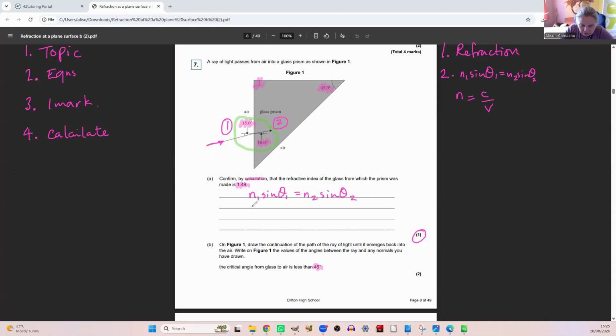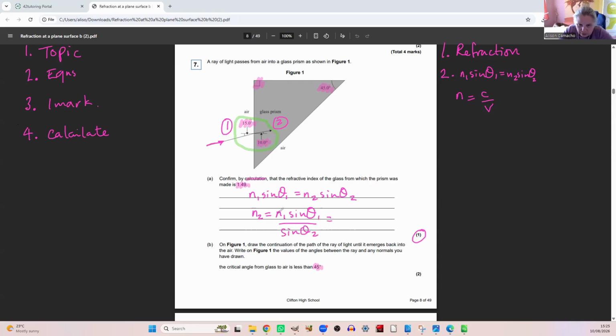So material 1 is air, so that is 1. What I'm trying to do is confirm the refractive index of material 2. Before I put my numbers in, I'm going to rearrange my equation into the form n2 is equal to n1 sine theta 1 over sine theta 2.